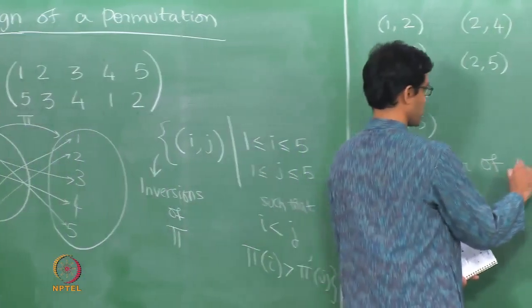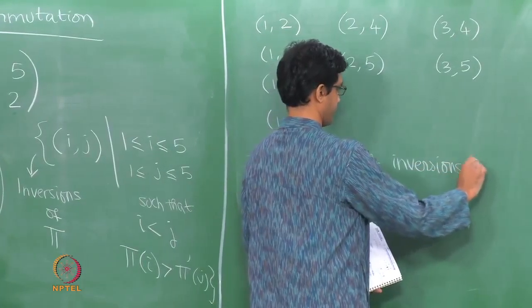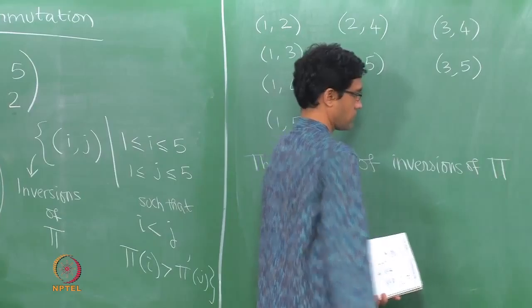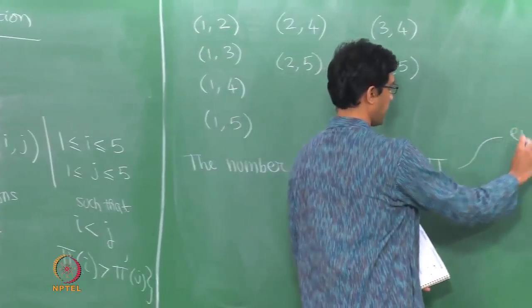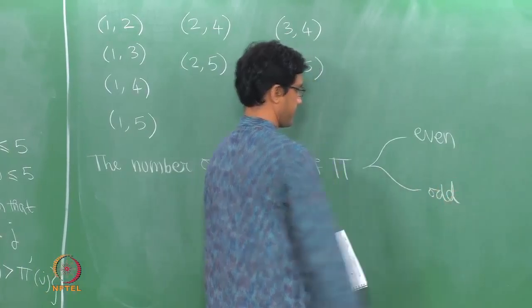The number of inversions of pi: well, there are only two possibilities. It can be an even number or it can be an odd number.